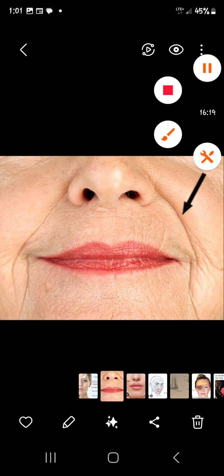Furrow and wrinkle is acquired with age. When it says fold, fold is natural. So this is nasolabial sulcus. It means nose lip groove.